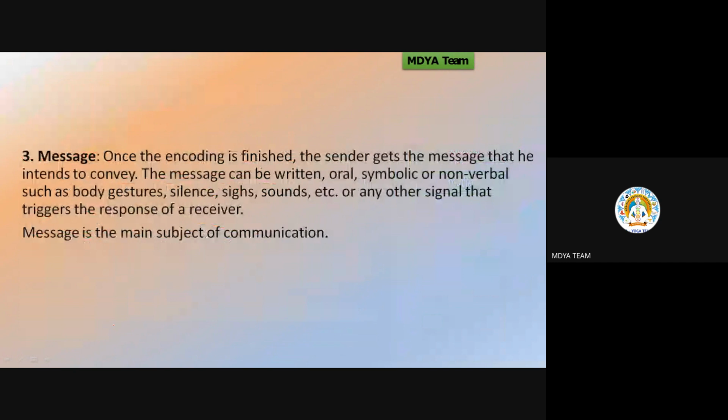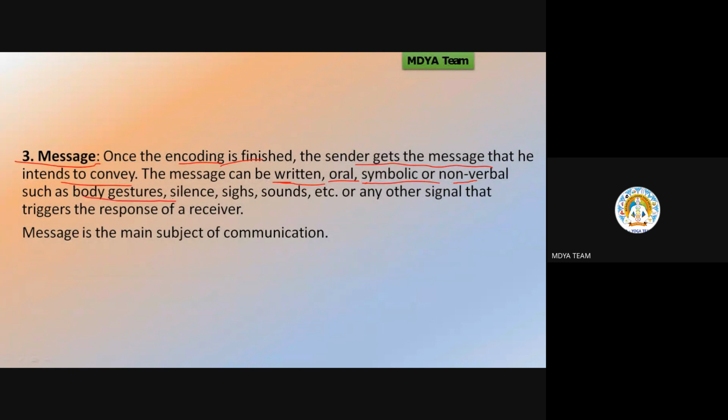Then the next step is message. Once the encoding is finished, the message is the main content that the sender has to share. The message can be written or oral, it can be in any symbol form, it can be non-verbal such as body gestures, or it can be silence.